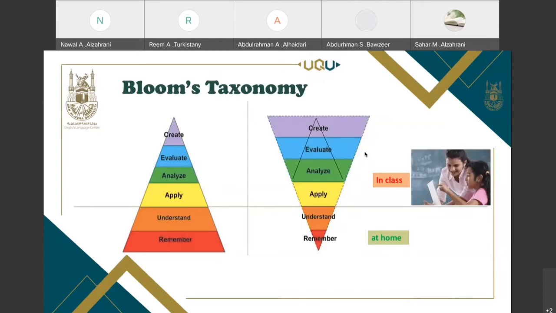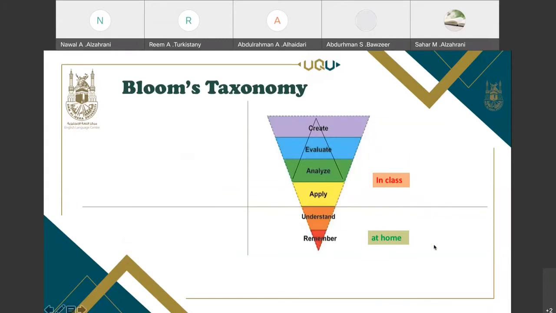So no matter what the shape is, the most important thing here is that we are looking for the concept. I'm going to give you a very simple example about how to flip your classroom, keeping in mind Bloom's taxonomy. This is a very, very basic example, okay? I'm not dedicating it to first grade or high school or university. I just want you to think of the concept here.